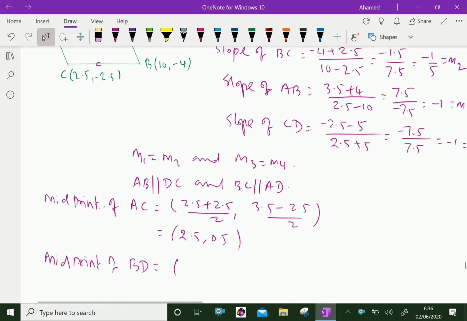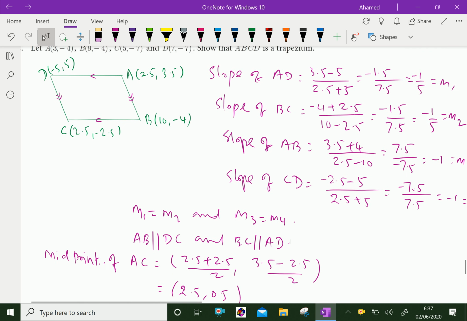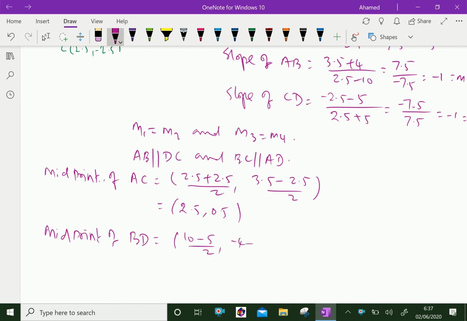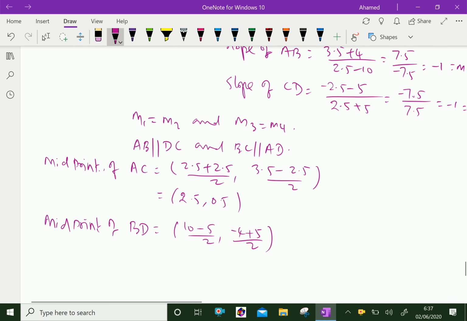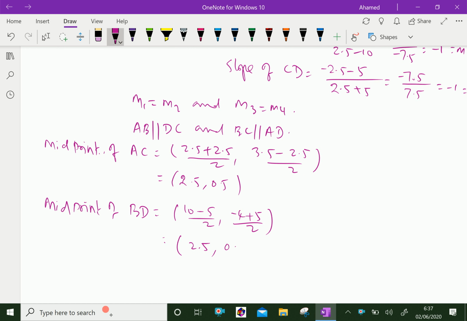So x is (10 minus 5) over 2 and y is (minus 4 plus 5) by 2, which is equal to 5 by 2, that is 10 minus 5 is 5, 5 by 2 is 2.5, and 0.5.